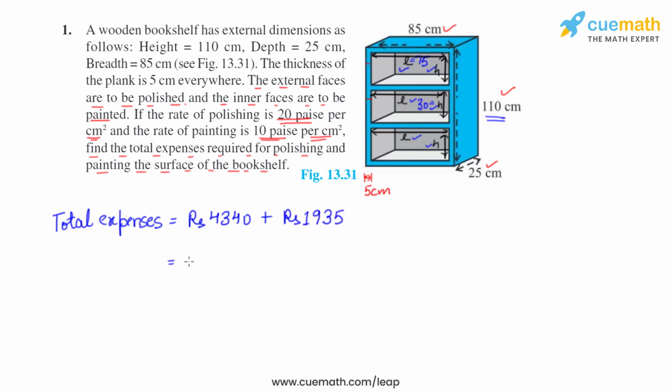When we add this, we get rupees 6275. So this is the total expense on polishing the outer area and painting the inner area of that bookshelf.